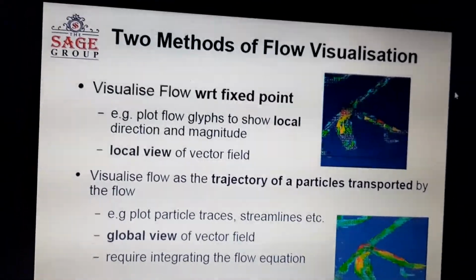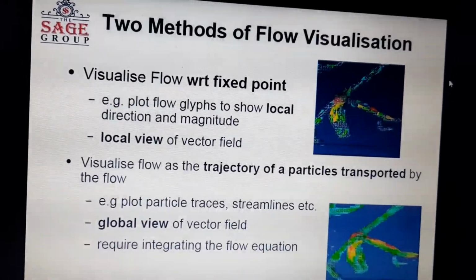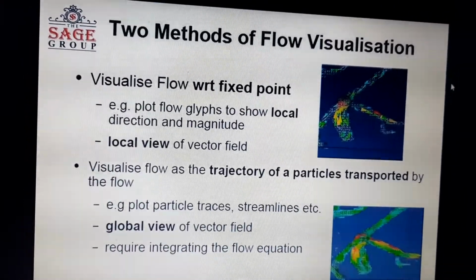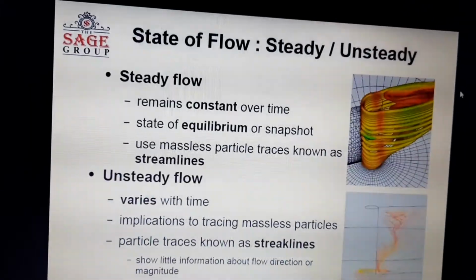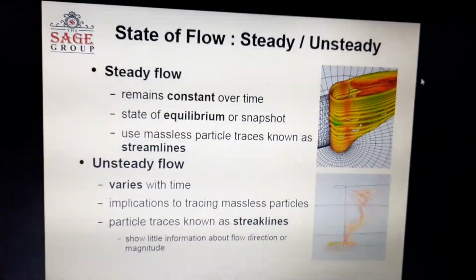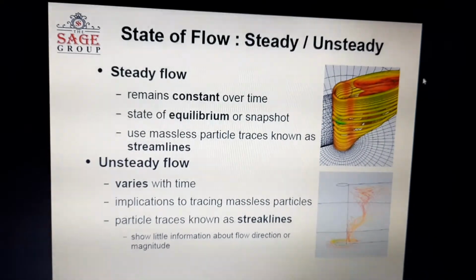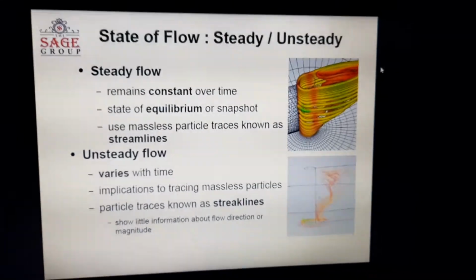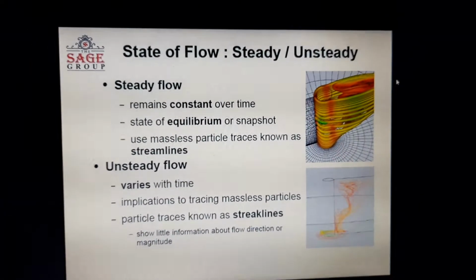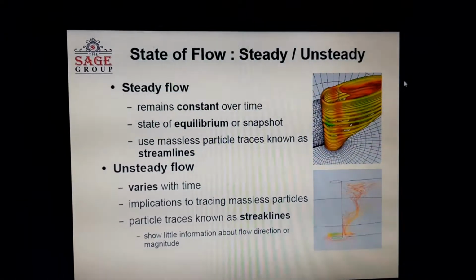The global view of vector field can be represented like this. It requires integrating the flow equation. Okay, the state of flow can be steady or unsteady. The flow of any data value can be steady or unsteady.